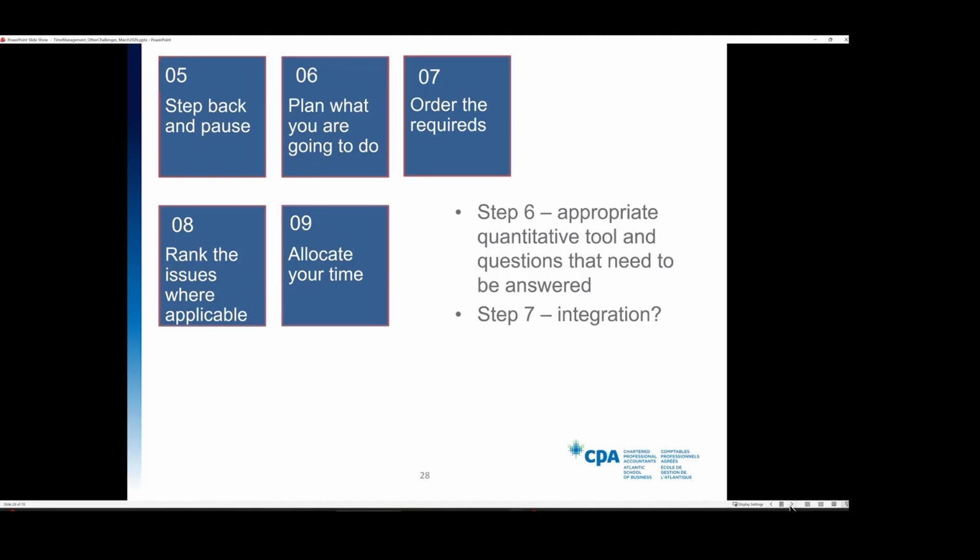When it comes to ordering the requireds, an important question you have to ask yourself is, does your analysis of any of the requireds, and your recommendations, impact your analysis and recommendations for another required? If that's the case, then you need to perform that particular assessment opportunity first.